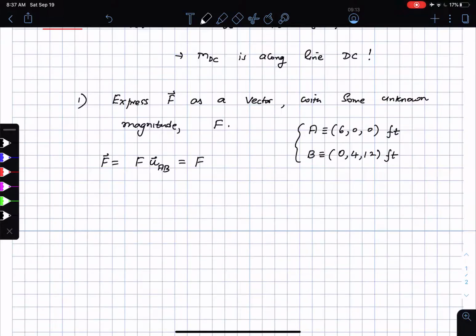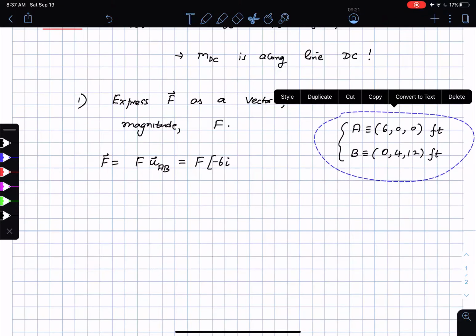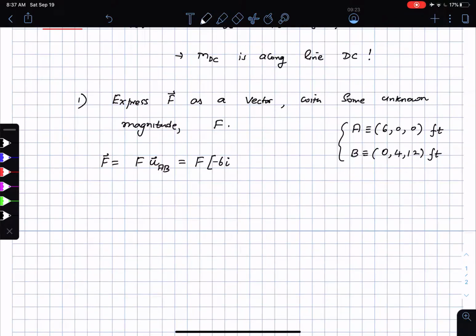So coordinates of B minus A. That's going to be F times 0 minus 6, so minus 6i, plus 4j plus 12k, divided by the square root of the sum of the squares of these quantities, which will actually give me 14.